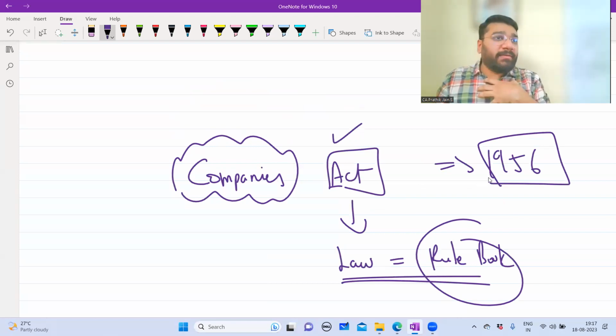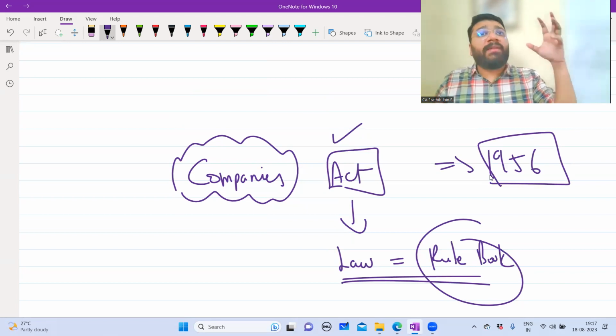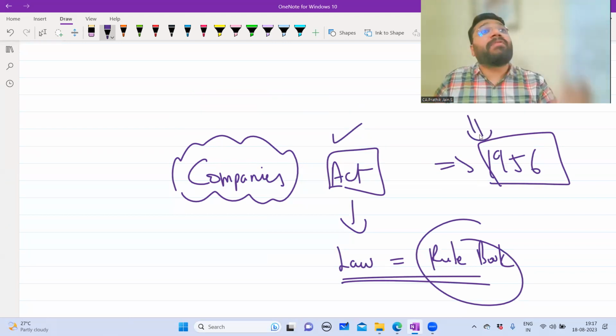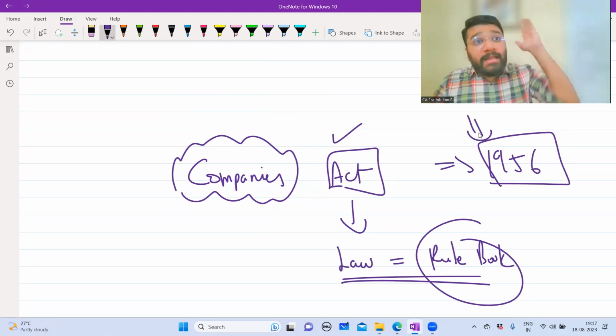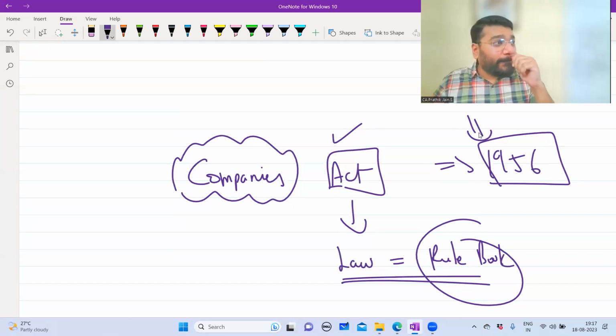When I did CA in 2009, 10, 11, at that time we were following the rules laid down in the Companies Act 1956. But the problem is, where is 1956, where is 2010, 11, 12, 13? Over a period of time, the way people were doing business, the way people were thinking, everything underwent a significant change.